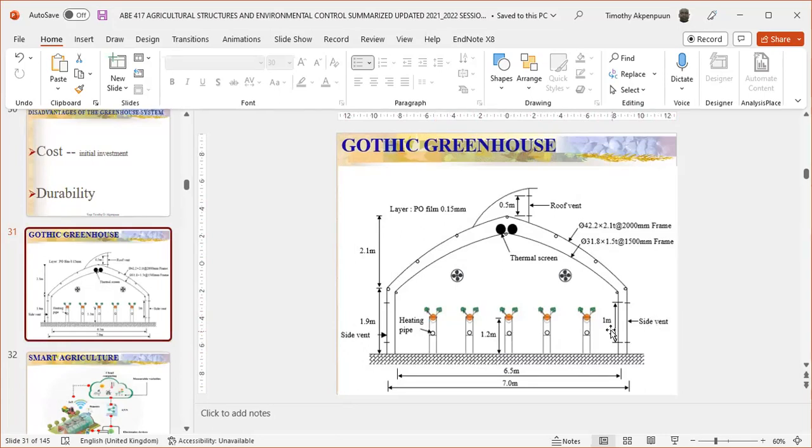You have side vents, you have a roof vent, right? Air will enter through the side vents. This is a naturally ventilated greenhouse. Air will enter through the side vents and push the air within the greenhouse. When the temperature is high within the greenhouse, what happens to the density of the air? The density drops. Why does it drop?